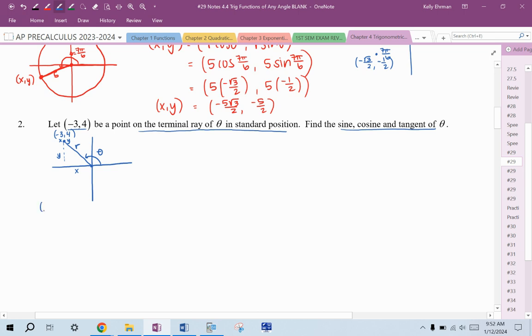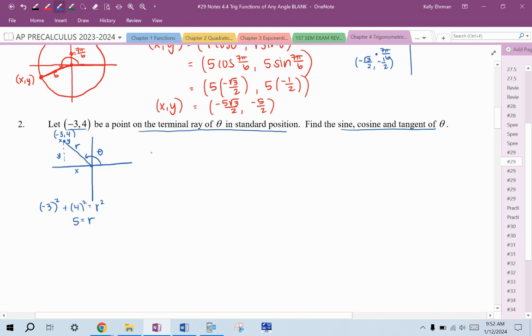So I should be able to do 3 squared plus 4 squared equal to r squared and figure out what r is. So now r comes out to 5 because it's a Pythagorean triple. R is always positive as well. So when you're doing the math on this, even if you're down in quadrant 3 where you kind of think maybe r is negative, it's not. The hypotenuse, r, is a distance, it's always positive.